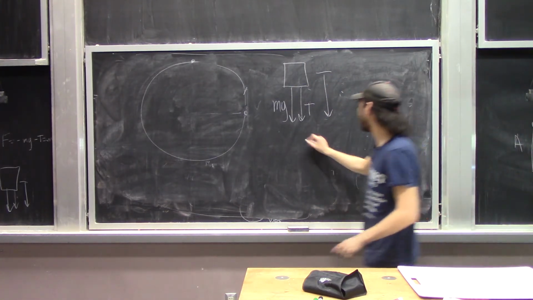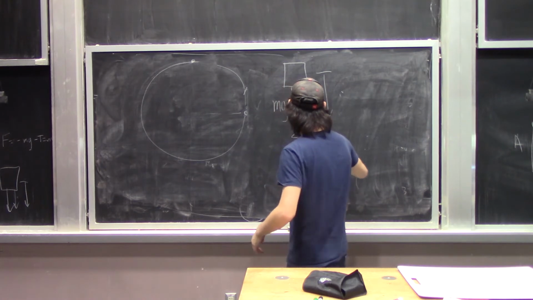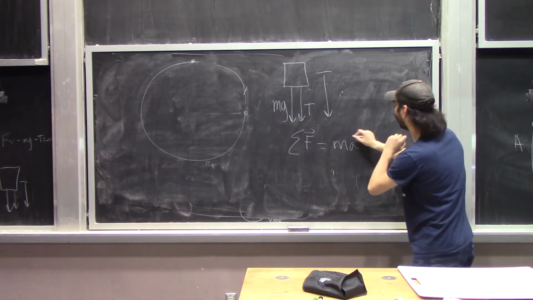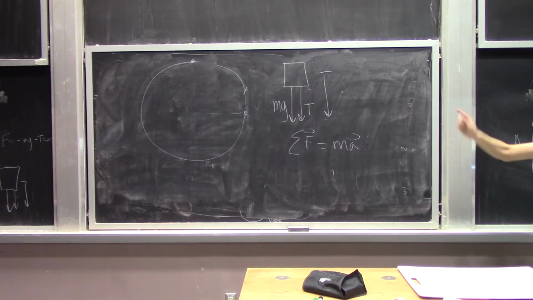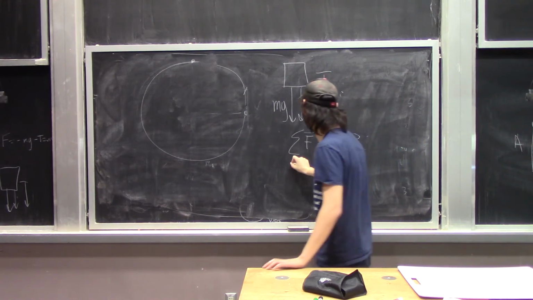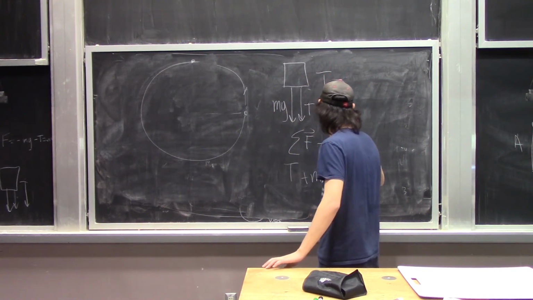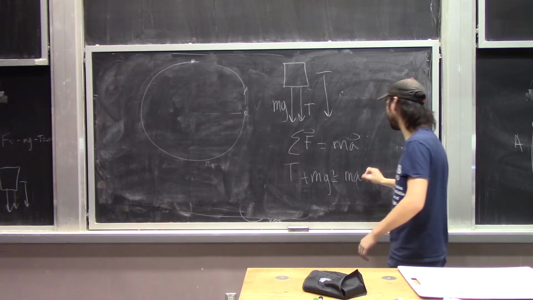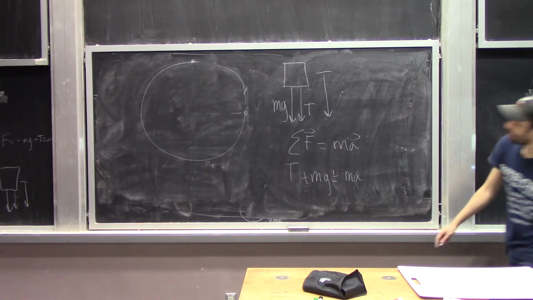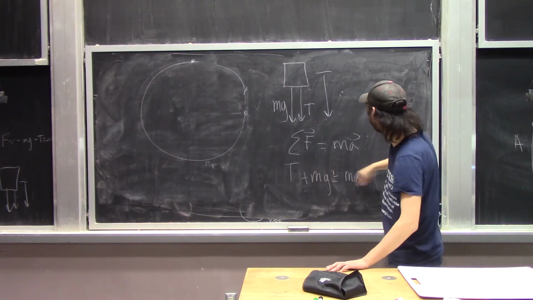So Newton's second law says that the sum of the forces is going to be equal to the mass times the acceleration. This is an acceleration vector, not a mass vector. So when I sum my forces here, they're both in the same direction as the direction I say is positive here. This is T plus mg is going to be equal to ma. Now I want to solve for the tension. And so in order to solve for the tension, I move the gravity to the other side.